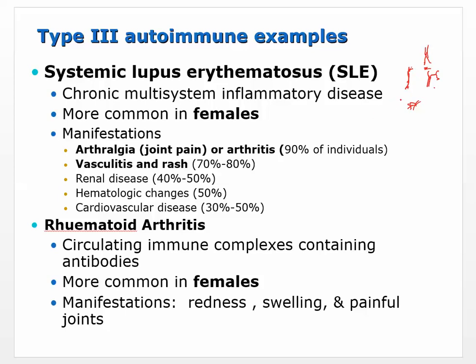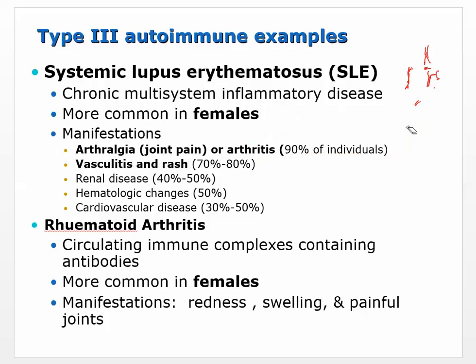So anything that breaks free, anything that moves out into circulation, or it could happen in the interstitial fluid, wherever it happens, it tends to affect either the circulatory system, or in some cases, if it moves out into the interstitial fluid, it causes joint pains.